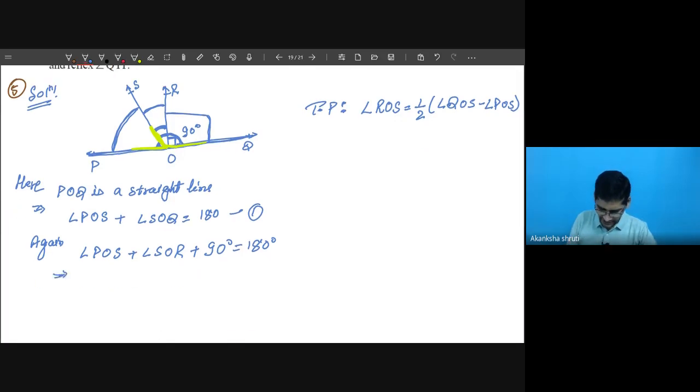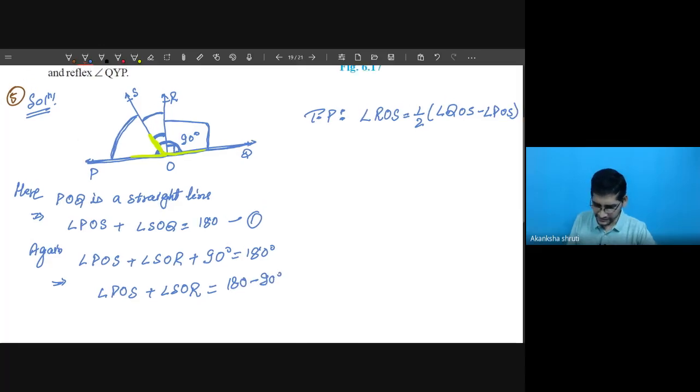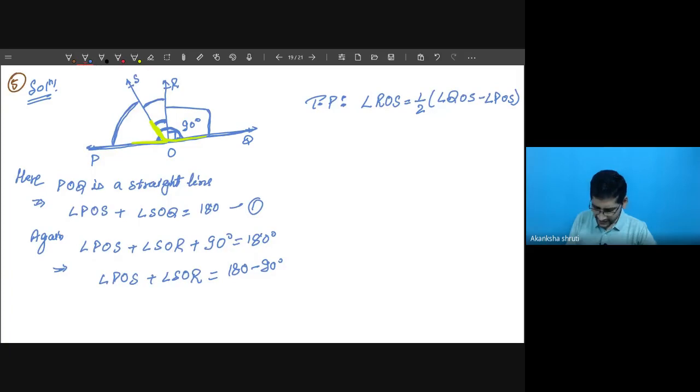Now change this, meaning 90 is moved to the other side. Angle POS plus angle SOR is equal to 180 minus 90. Okay, student? Or from here, angle SOR can be written as, no need to mug up, only these two equations. Now we are just going to rearrange this.